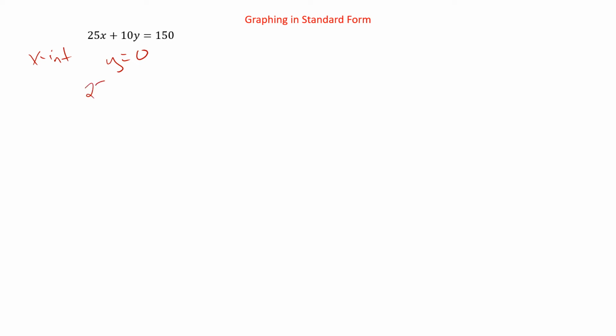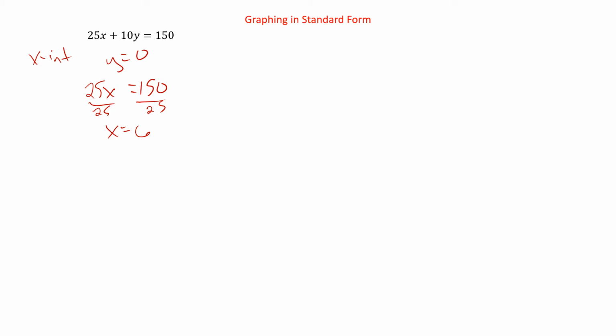So we end up with 25x equals 150. Divide by 25. 150 divided by 25 is 6, so x equals 6. That tells us if we have 0 y's, we can get 6 x's. X's were the reserve seats, so we could get 6 reserve seats if we had no general seats.